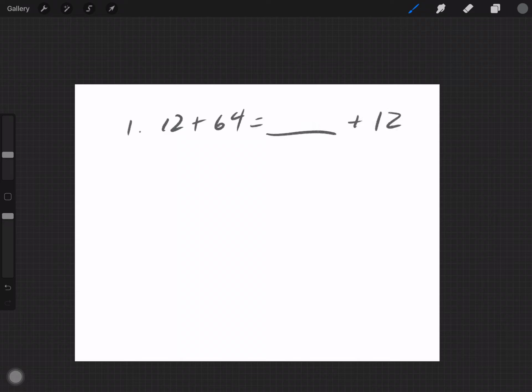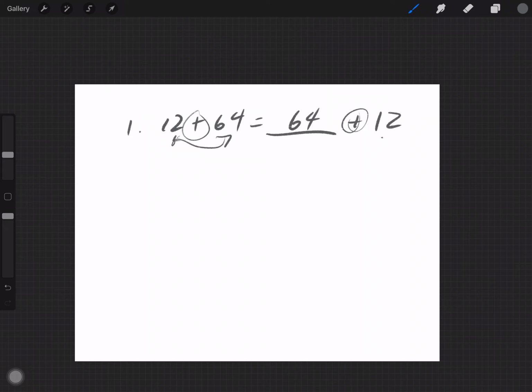Right, so now if you're looking at this, you know that there's a 12 on both sides, and this is an addition sign, which is the same here, so this one would be 64. Because when you're adding, you can switch these two back and forth, and they would still equal the same thing.